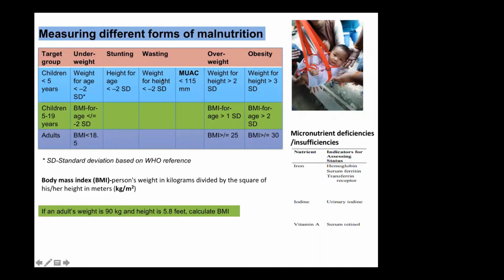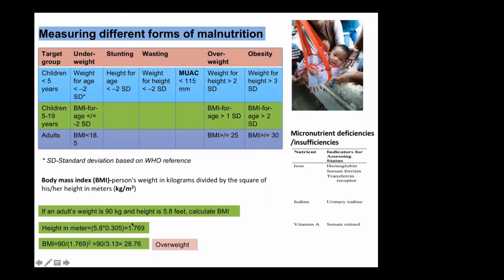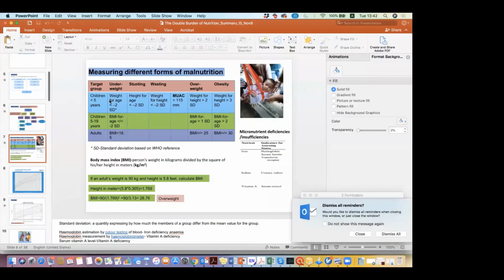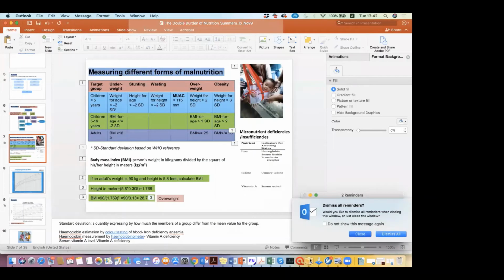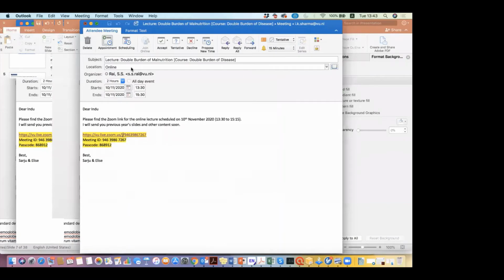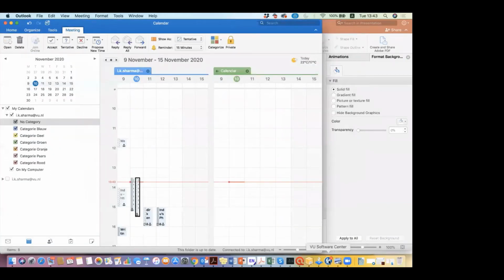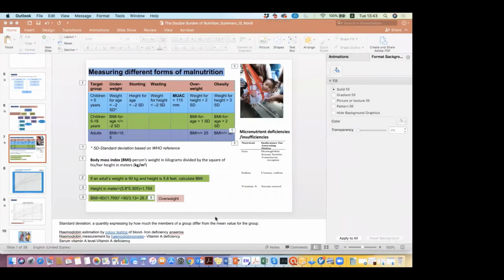I cannot look at the chat screen. Okay, Molly answered around 27. Yes, it's around 27 or 28.